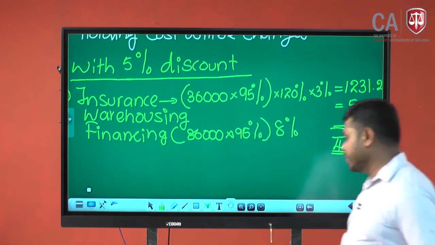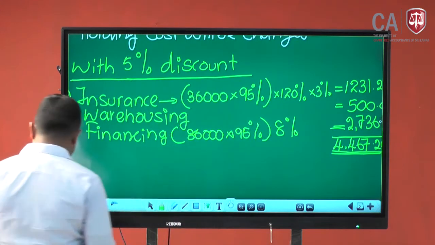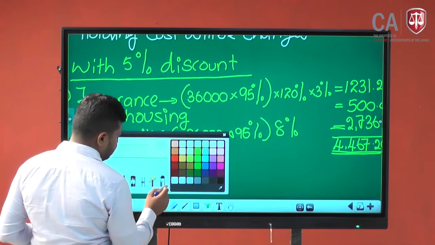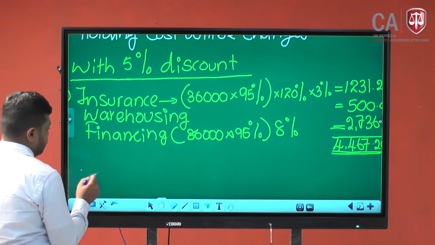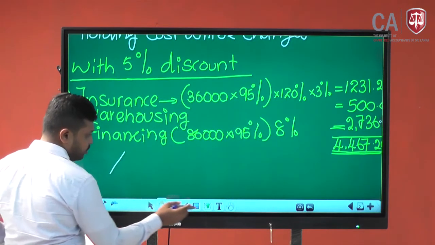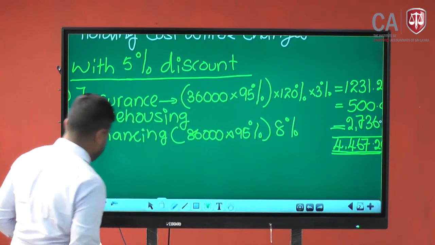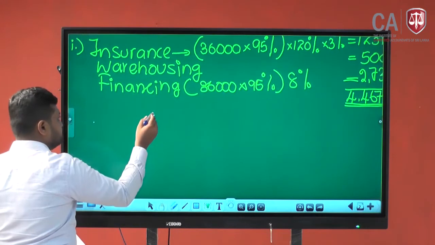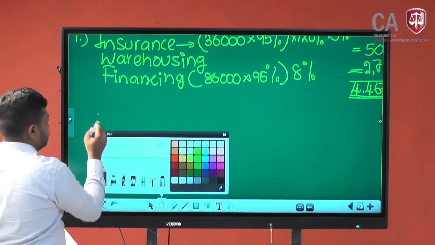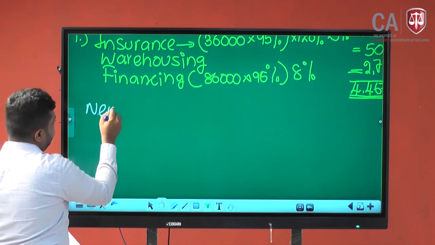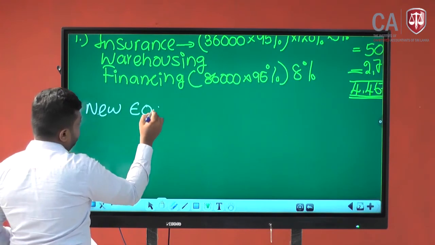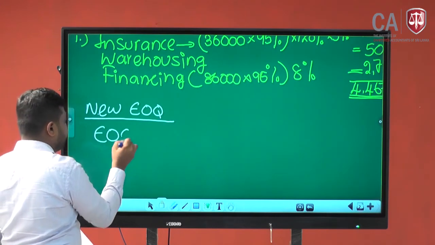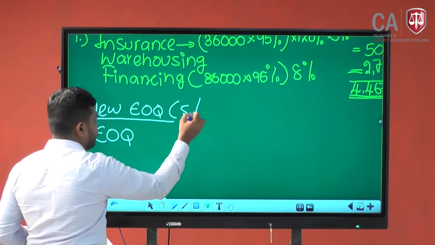Now we will calculate the new EOQ. This is with 5% discount, right?